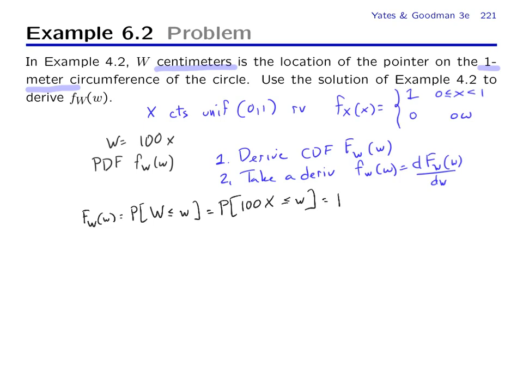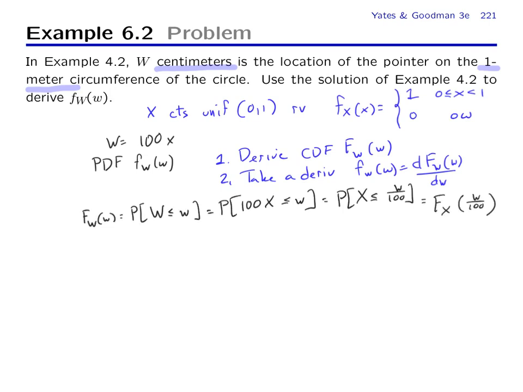And now we can rearrange this to say that this is x is less than or equal to w over 100. And now we have that this is equal to the CDF of x evaluated at w over 100.